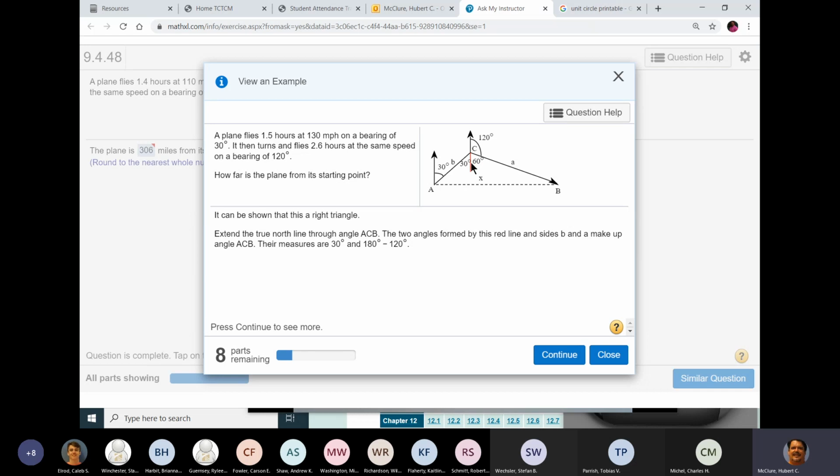Okay, I see what they're doing. 30 degrees, 30 degrees, there's a 60. Just give me a second, let me see, because I think measures of ACB, that's your 90 degrees. It should be your 90 degrees, yeah.